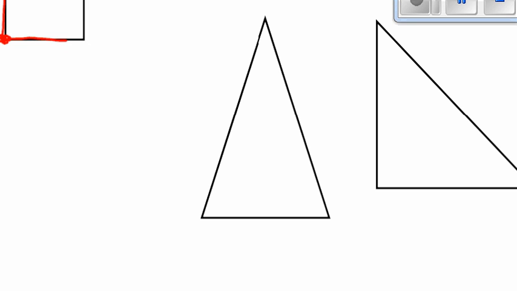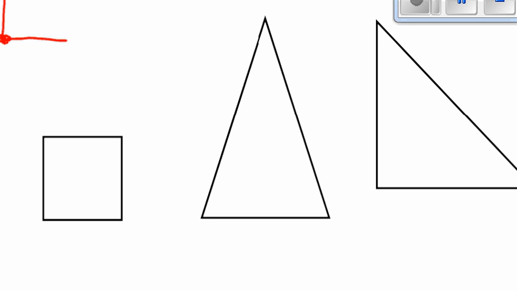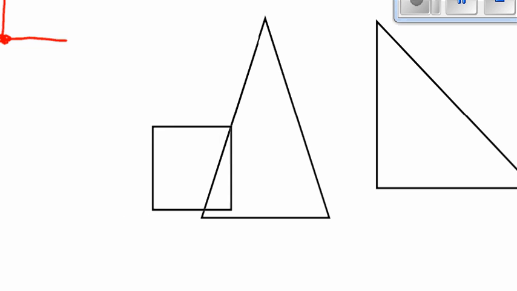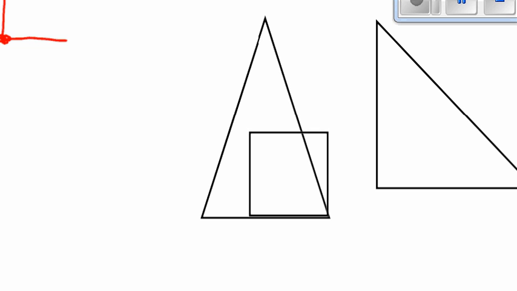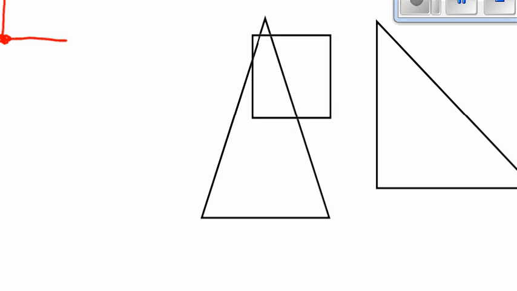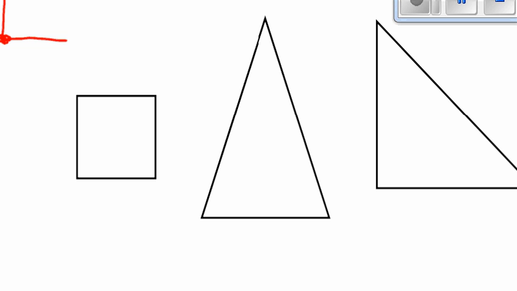Now, I didn't do a very good job of drawing that, but you get the idea. So we're going to check and see, can a triangle have two right angles? All right, well, let's see if this can fit in here. Well, that doesn't fit, so one, that's not there. And that doesn't fit. And that doesn't even come close to fitting. So we know that this triangle cannot have two right angles or more.